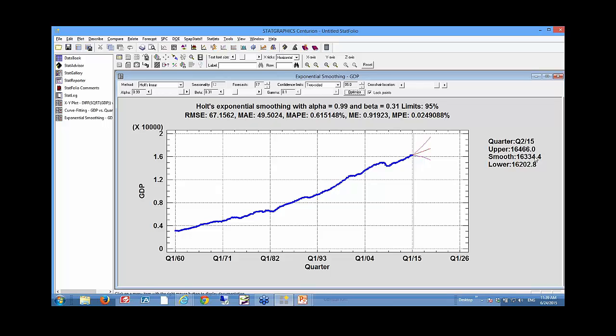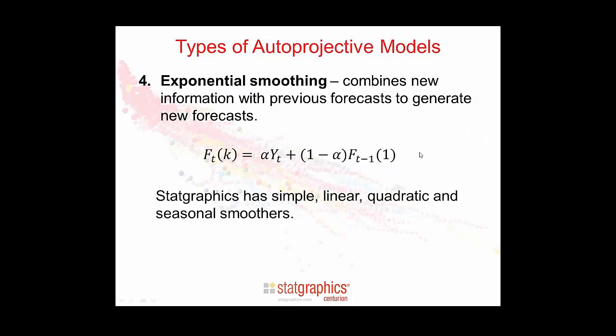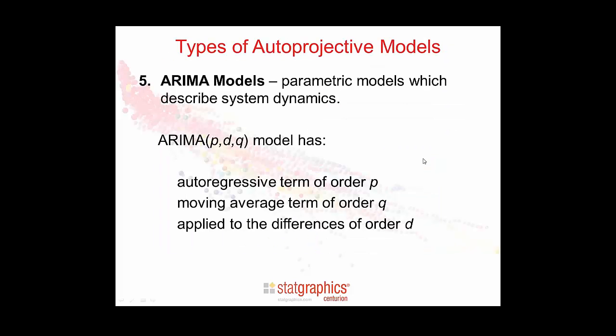Anyway, that's exponential smoothing. It can be quite a useful method for forecasting data, particularly economic data. It does a pretty good job on GDP. Now, there's one other type of auto-projective model, though, that I want to talk about, which is also very, very important.